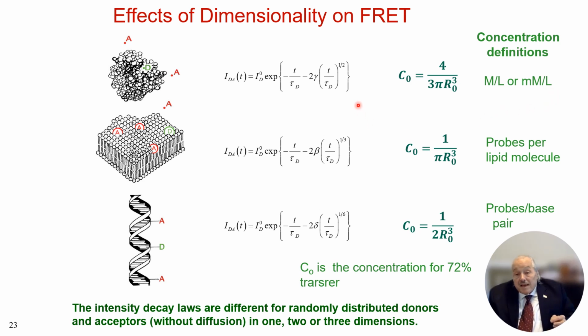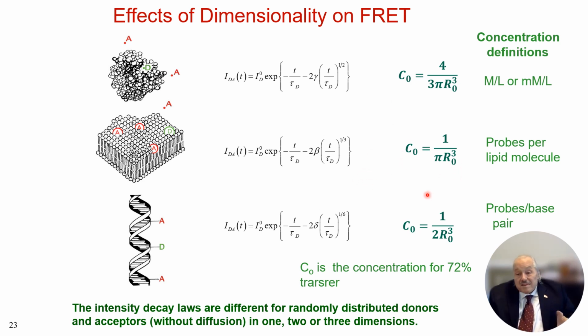It turns out to get FRET for unlinked donor-acceptor pairs in solution, you have to have millimolar concentrations of acceptors. That's why you rarely see experiments like that done, but when you have the donors and acceptors bound to an oligonucleotide or to 2 protein subunits, that essentially makes a high concentration of the acceptor around the donor.